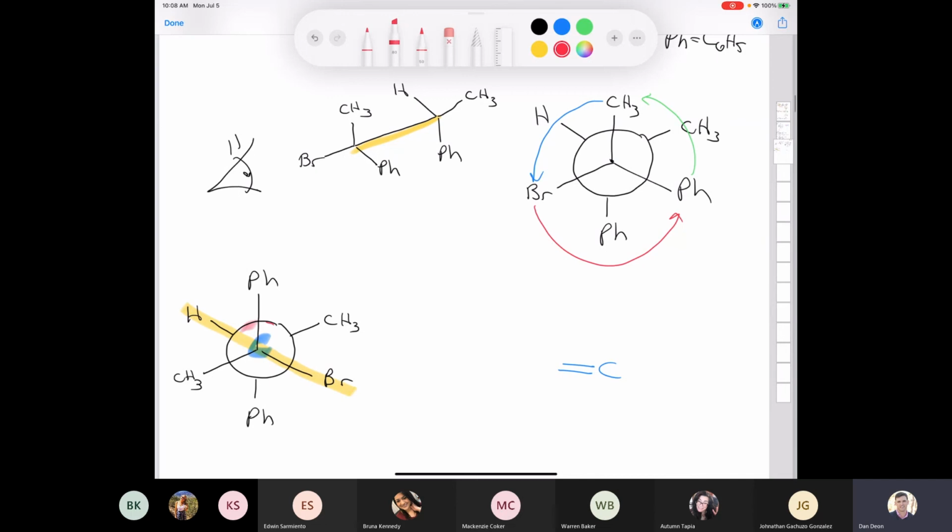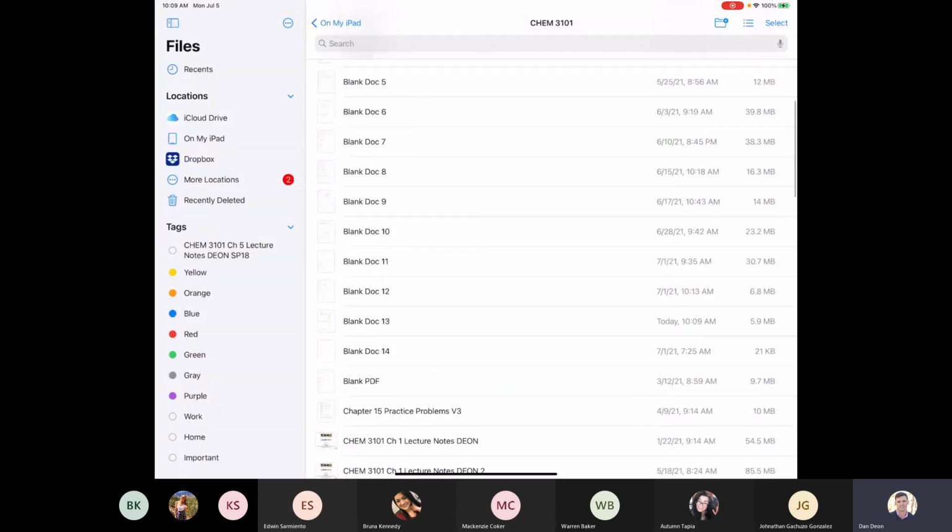On the carbon in blue, I've got a phenyl up here and a methyl down here, and on the carbon in red, I've got my methyl up here and my phenyl down here. And so this is a trans compound or an E compound. Either way works.